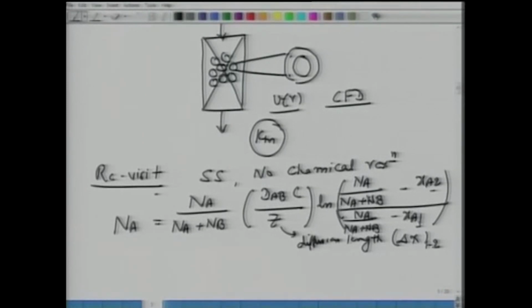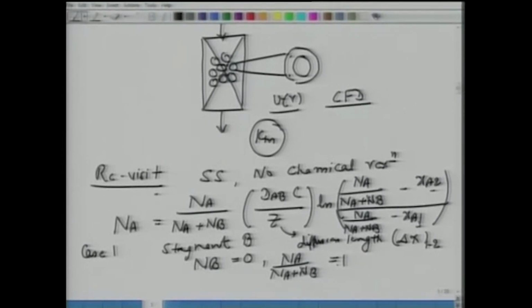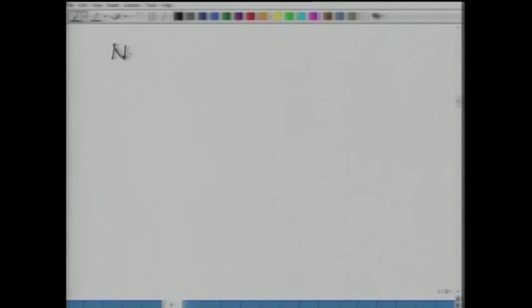Okay. Now if we take again the simpler case, case 1, where we say that B is stagnant, we can write NB equal to 0. With NB equal to 0, NA over NA plus NB is 1, and then NA simplifies to DAB C over Z ln (1 minus XA2) over (1 minus XA1).